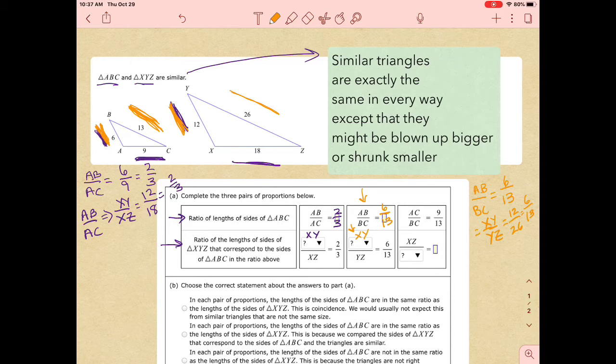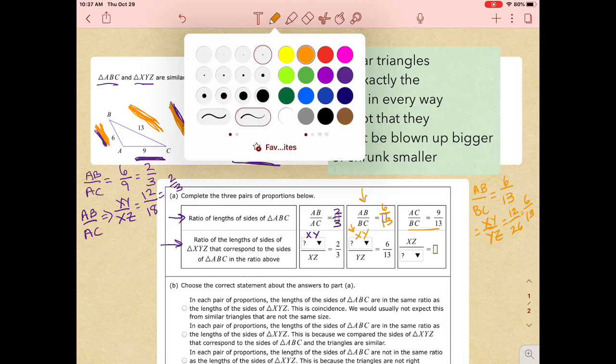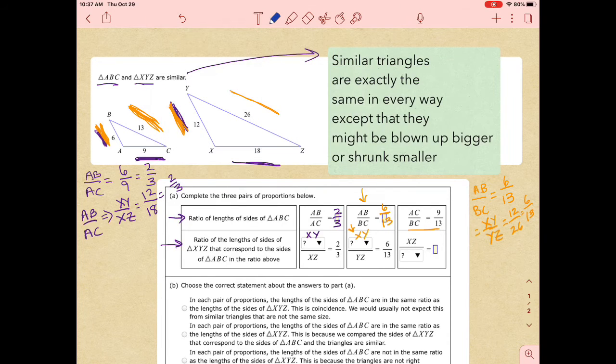And the last one is kind of given for us. We have AC over BC, so here's AC over BC, and AC over BC is 9 over 13. It gives us that. And then that is the same on the other triangle as XZ over YZ.